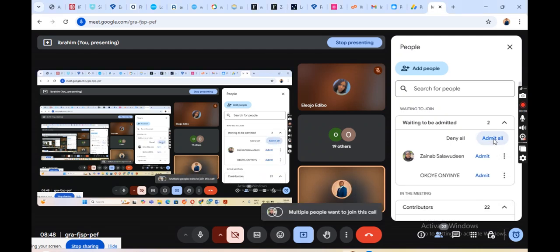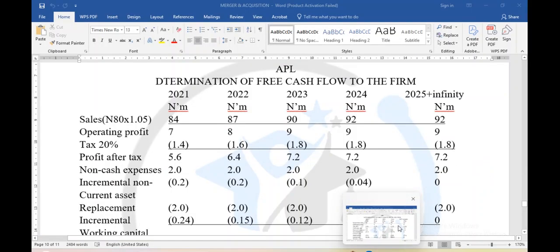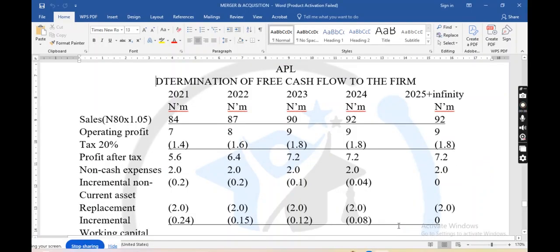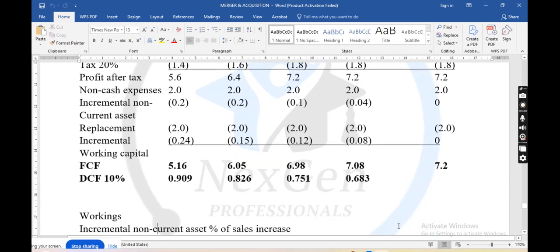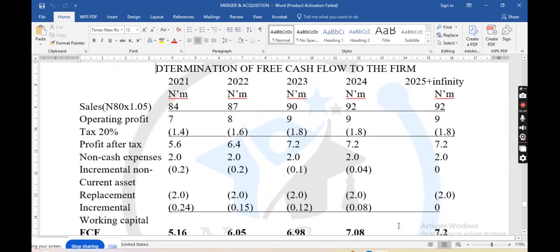We had that yesterday. We were not able to determine the infinity, because 2025 beyond is to infinity.